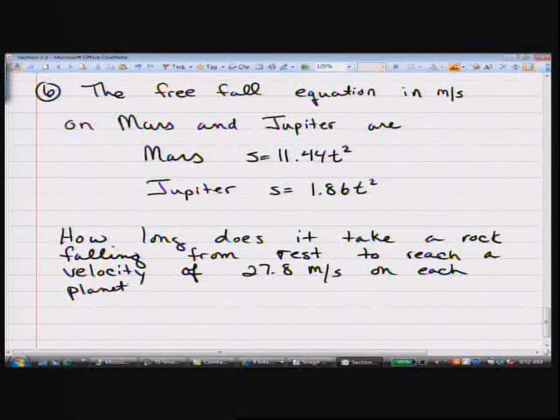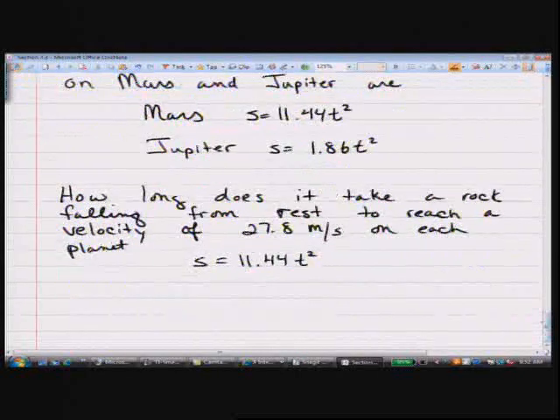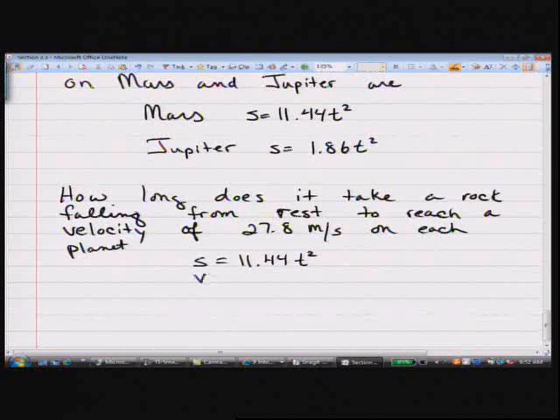Okay, well, velocity is the derivative of position. So on Mars, here's our position equation, and our velocity is just the derivative of that. That will be 22.88 t.